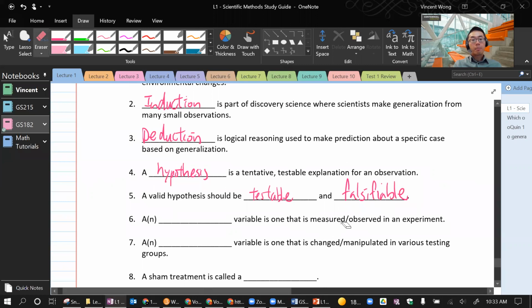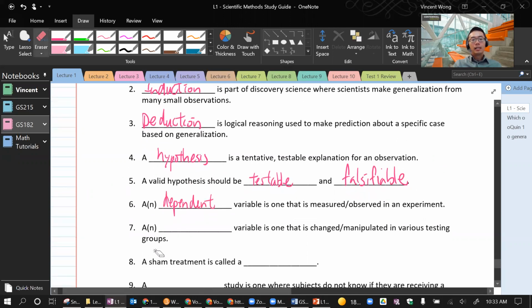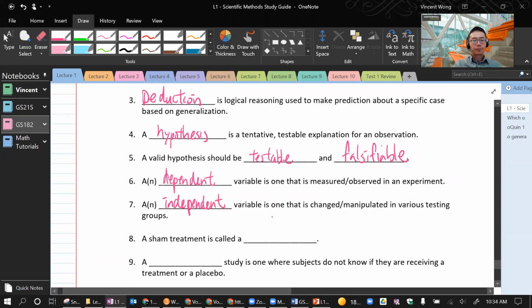This variable is being measured or observed, so that is the dependent variable, like the milk yield from the cow. And the one that you are changing or manipulating is the independent variable, like the amount of protein in the feed for the cow.